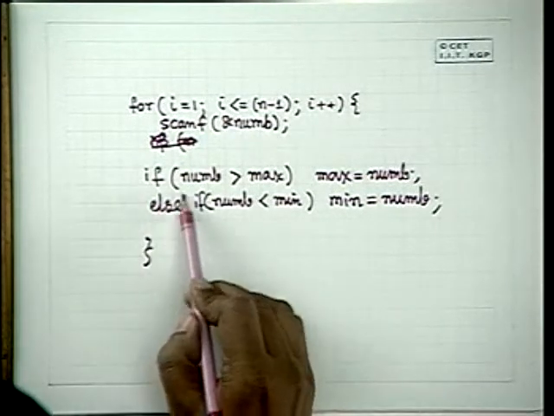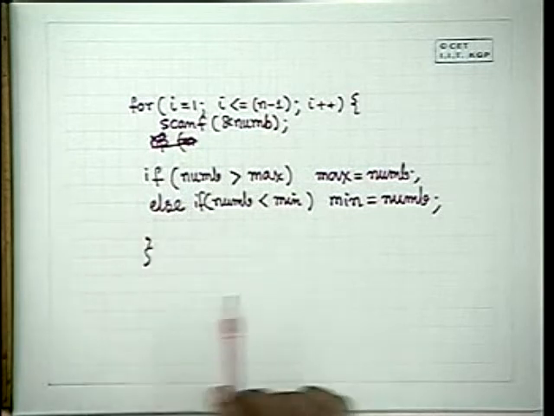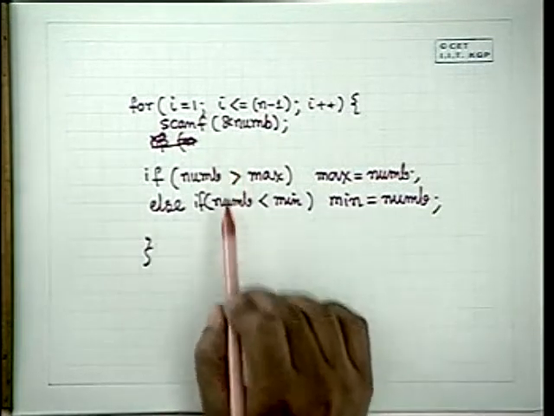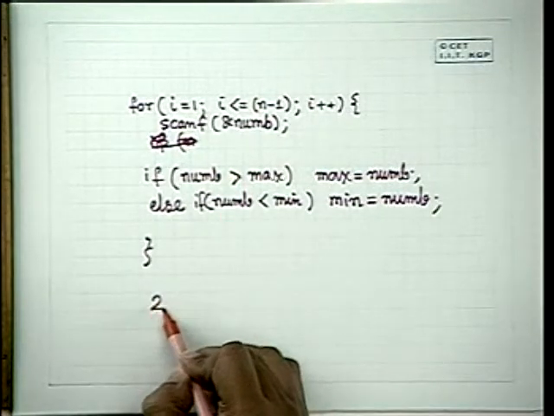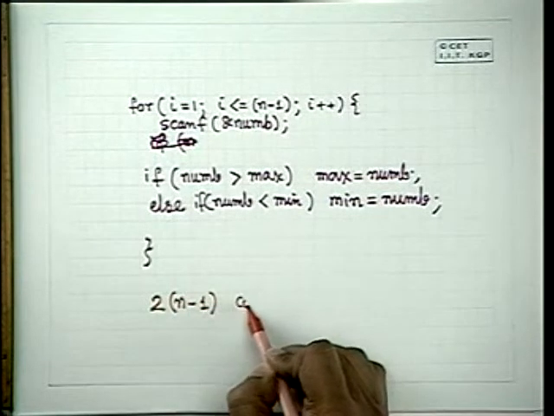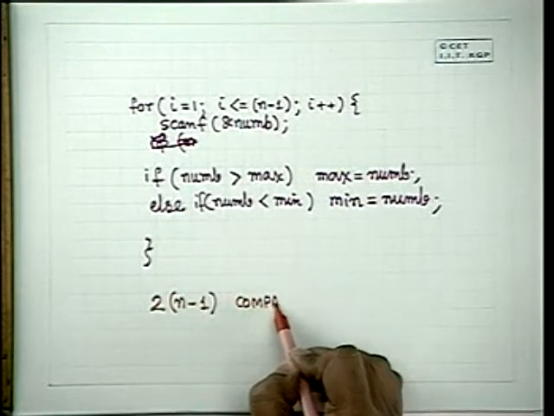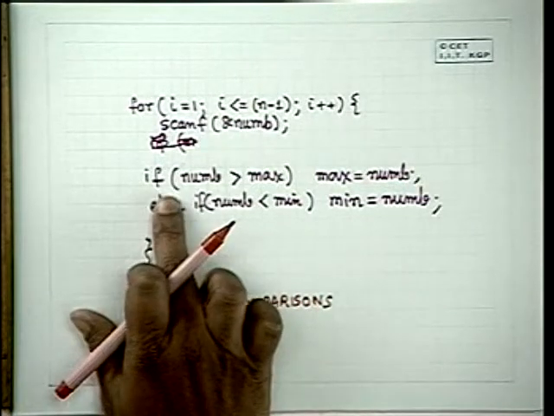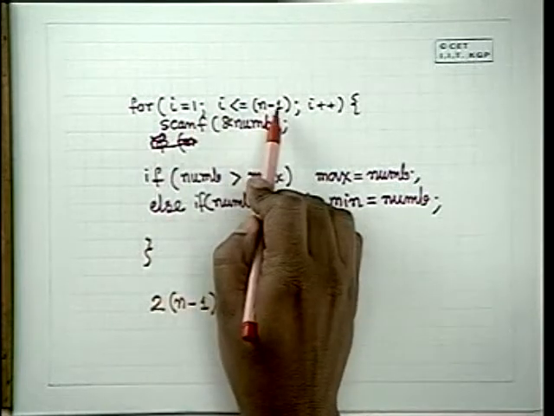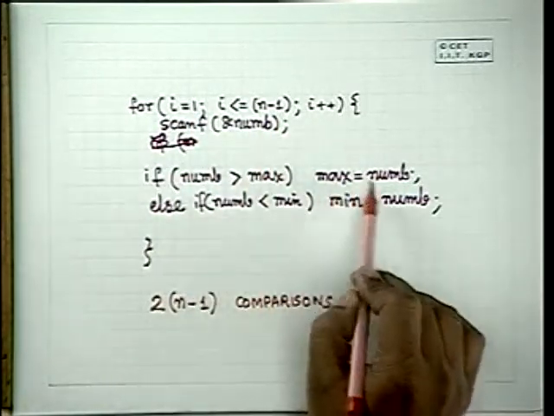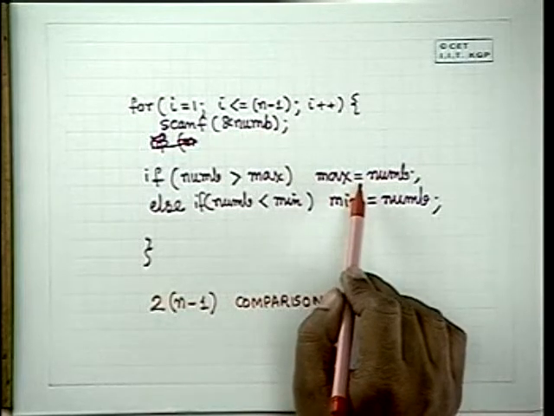Now, in the situation where else was not there, for a total of n numbers, we had to make 2 into n minus 1 comparisons, because for 1 to n minus 1, we had to make 2 comparisons, and the possible assignment depended on the value of the comparison.